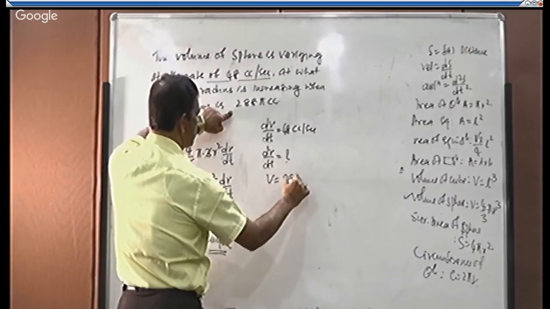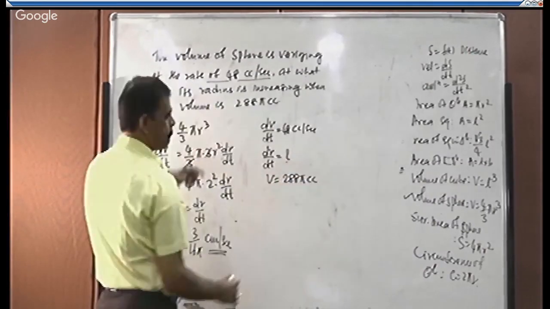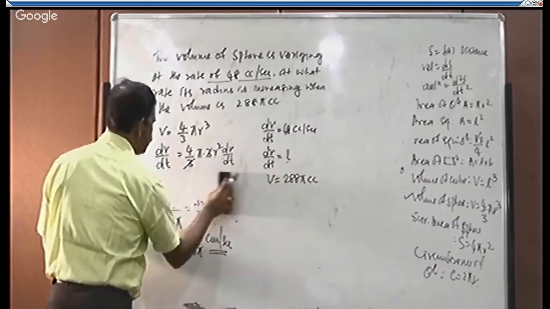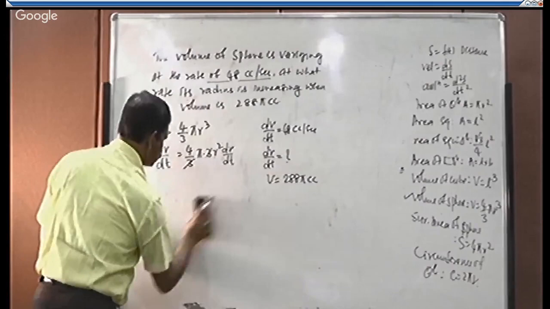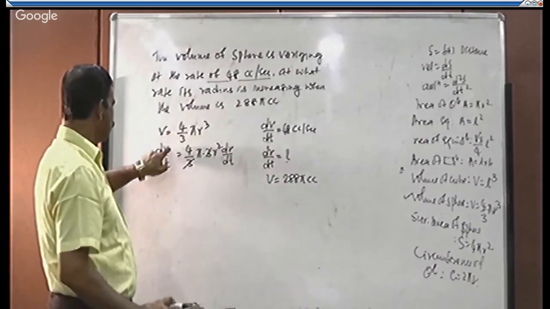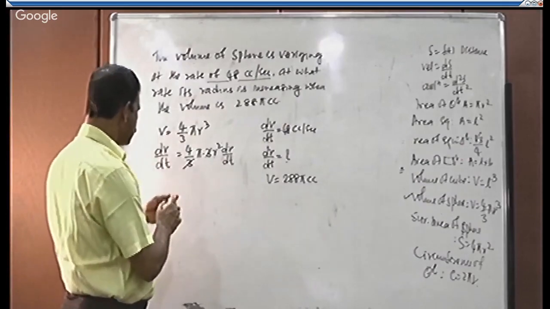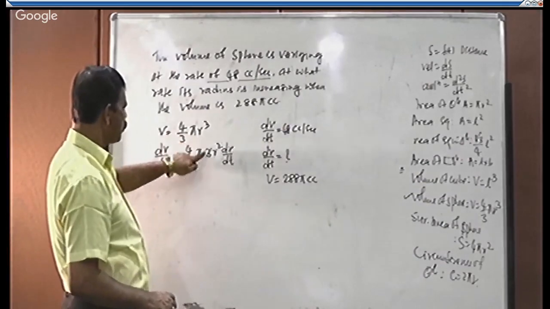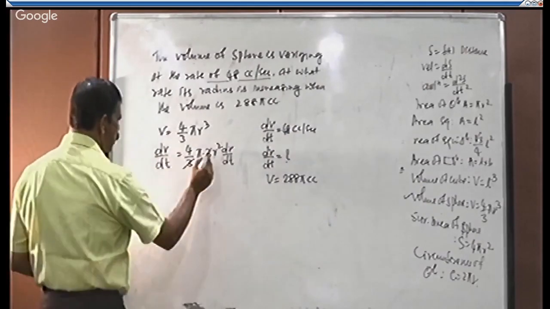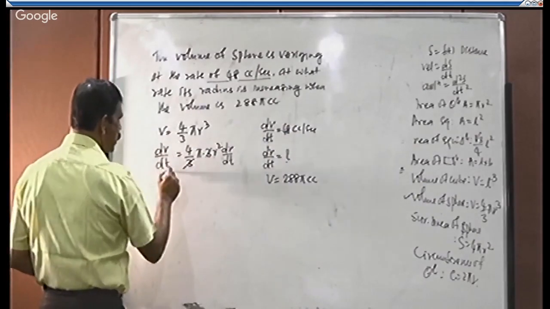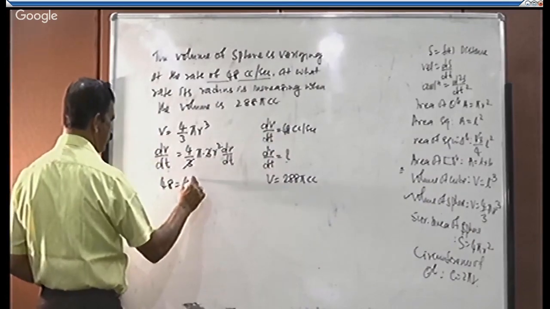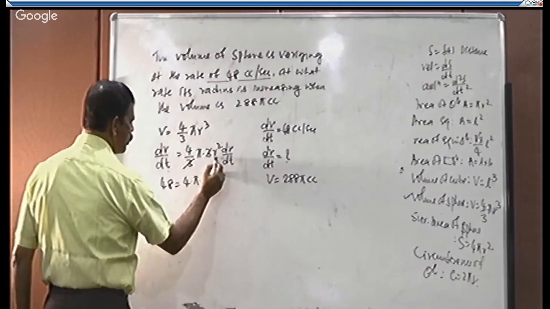Volume is equal to 288 pi cc. The same procedure we have to follow, right? See, volume of sphere is 4 by 3 pi r cube. Therefore, dV by dt is equal to 4 by 3 pi into 3 r square into dr by dt. 3 gets cancelled. 48 is equal to 4 into pi into r square into dr by dt.